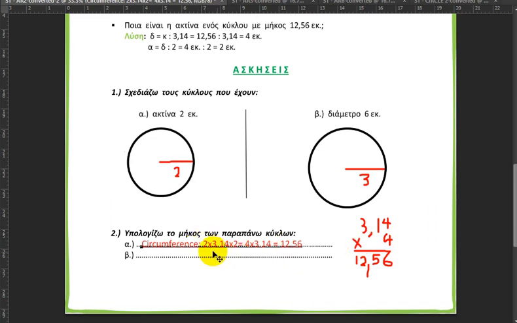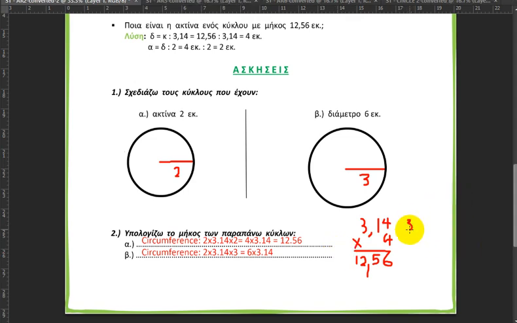Next up, let's go to the circumference of the next one. The other one is going to be 2 times pi, which is 3.14, times the radius, which is 3. So 2 times 3 makes 6, and then I want to multiply that by 3.14, which again I'm going to do vertically.